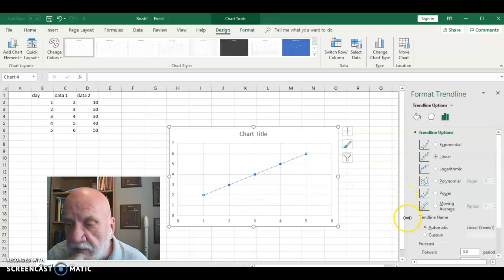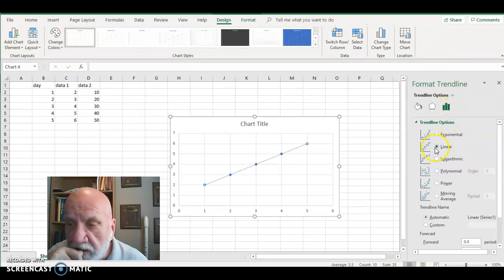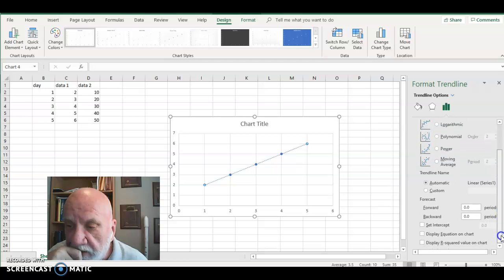Other couple of things that you want to look at here. Okay, so I've got a linear plot. Down here, you move this down until you find where it says set intercept, but also it says display equation on chart, and also display something weird called the R-squared value.